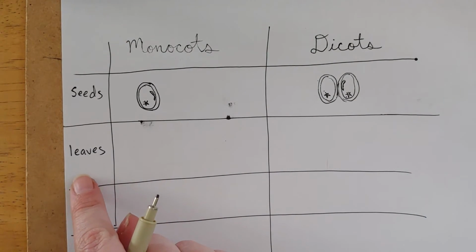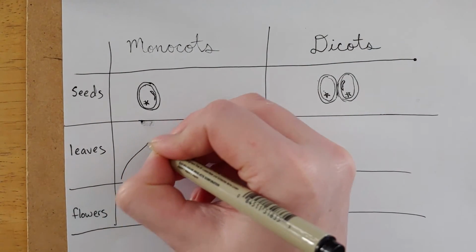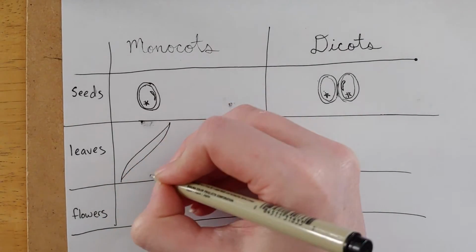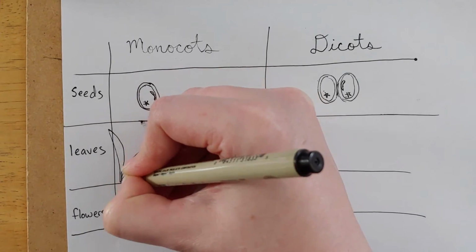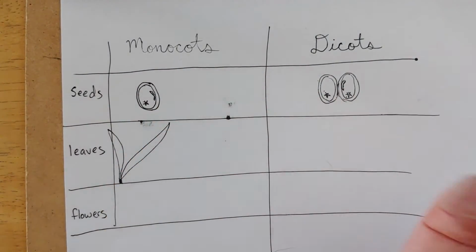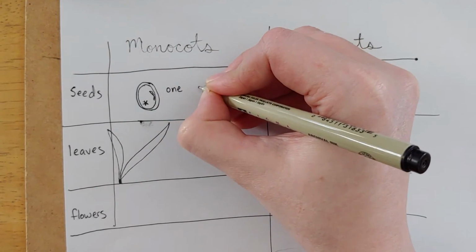Right. The second thing that is different between monocots and dicots is their leaves. When you look at the leaf of a monocot, you will see long, narrow leaves. If we were looking at our leaf identification diagram, they would be ones like the linear leaves. I'm going to add some notes back here.